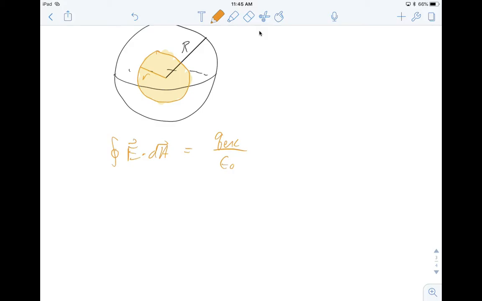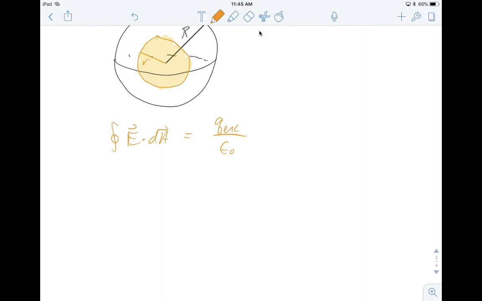We are going to use the idea that it has uniform volume charge density. Since rho is charge per volume, that means that it is equal to Q enclosed over the volume of our Gaussian sphere.